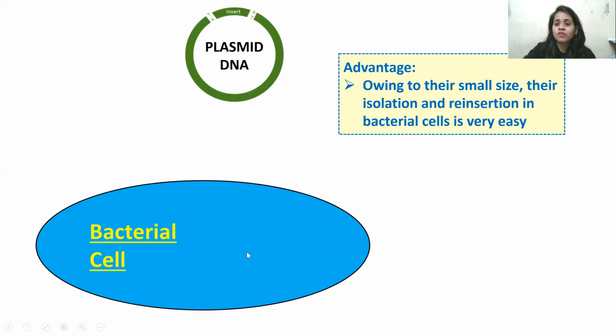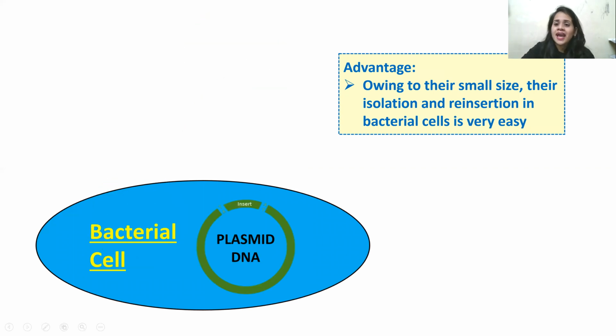So the best advantage of plasmid DNA is, as it's small in size, their isolation and reinsertion in the bacterial cell is very easy. Because here what we have to do, we have to first isolate the plasmid from the bacteria. After isolating the plasmid, we have to cut that plasmid. We have to make a space for our gene of interest with the help of restriction endonuclease.